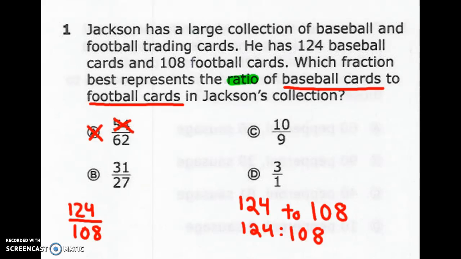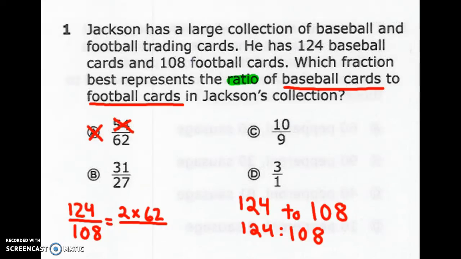So what we're going to do next is try to simplify our answer of 124 over 108. I'm going to think about, are there any numbers that I can multiply to get 124? What I'm thinking of right now is I can multiply 2 times 62.